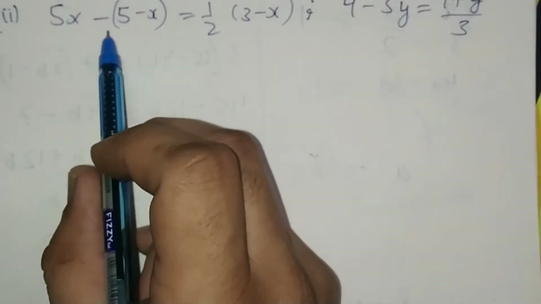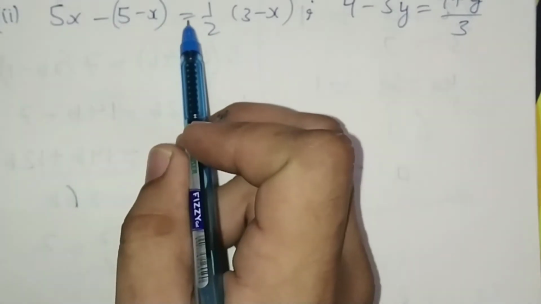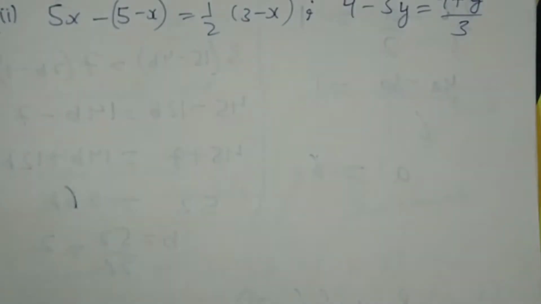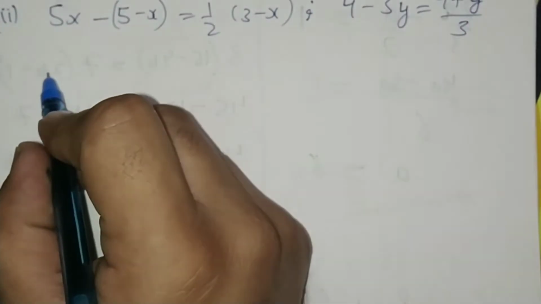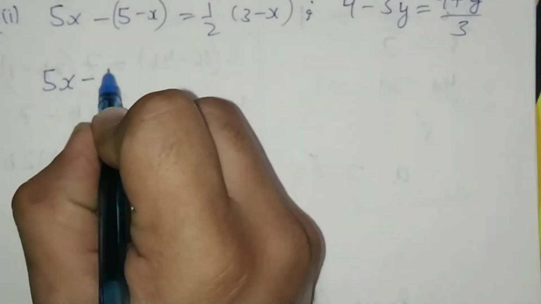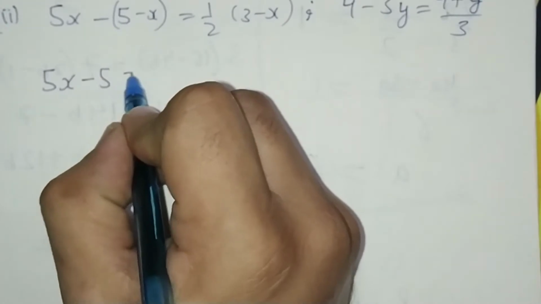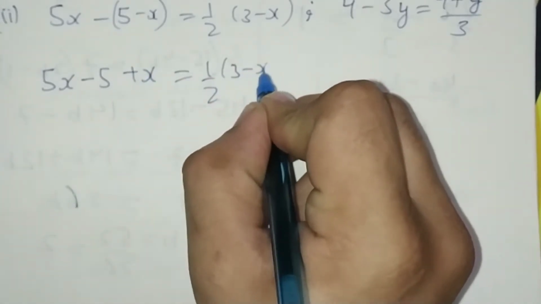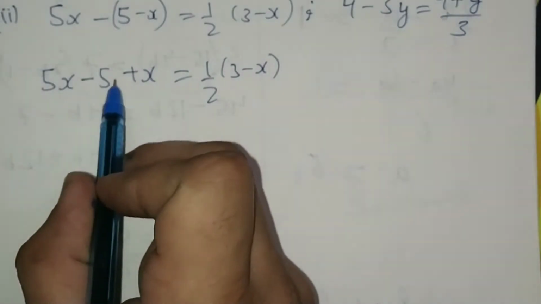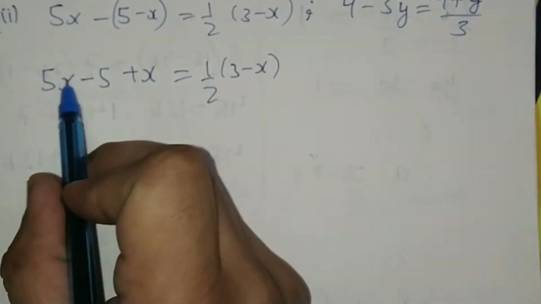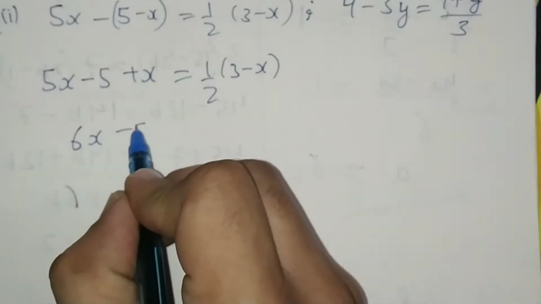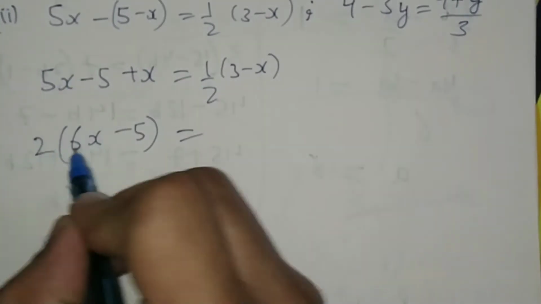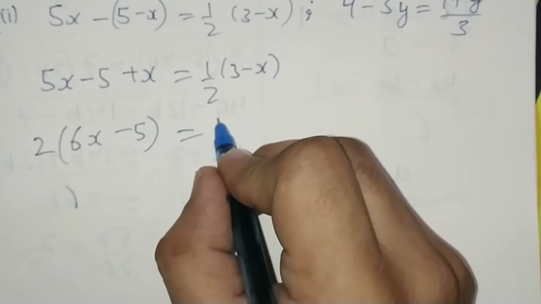5 minus x is equal to half into 3 minus x. From here we have to calculate the value of x. 5 minus minus plus x is equal to half 3 minus x. 5 plus 1, that is 6x, minus 5. Take this 2 to that side, this will be changed into multiplication.